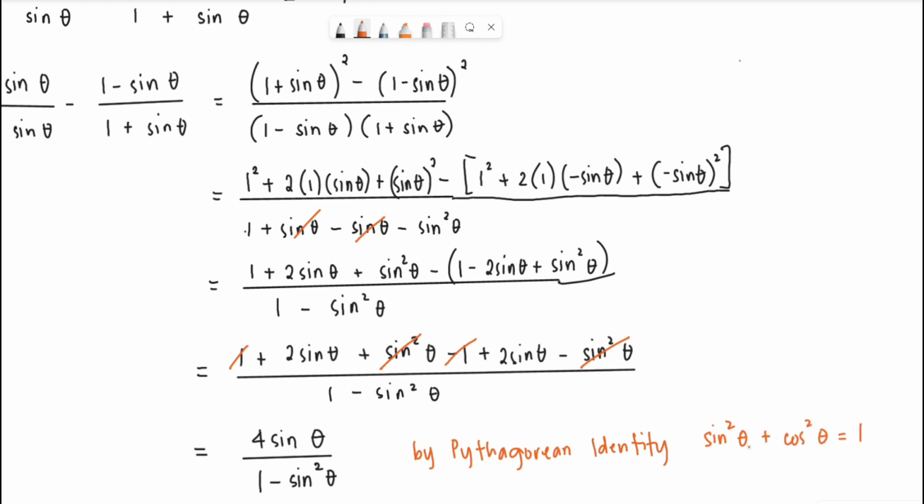If we transpose sine squared theta to the other side, we will have cosine squared theta is equal to 1 minus sine squared theta, which is exactly our denominator. So we can replace 1 minus sine squared theta by cosine squared theta.